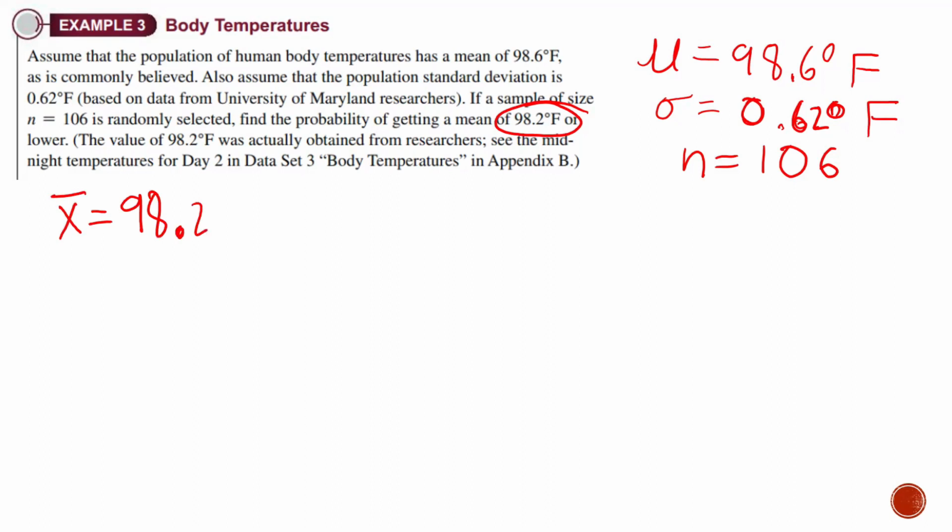Or no, we'll do it this way. What it's asking is, I take 106 individuals. What's the probability that their mean is not this?